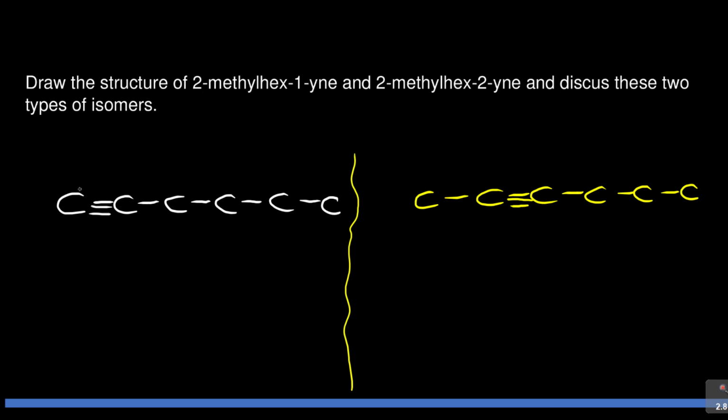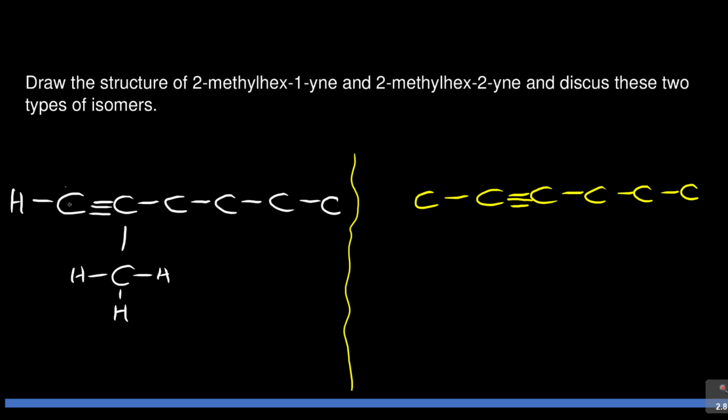So you're saying in carbon number 2. So the first one is carbon 1, 2, 3, 4, 5, 6. So in carbon number 2 here, there is a methyl, which is C, H, H, and H, right? And then 2-methylhex-1-yne. So here, if I can just remove this numbering here, I've got a hydrogen here.